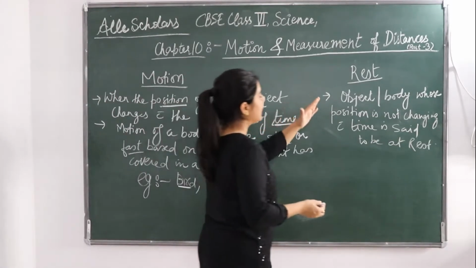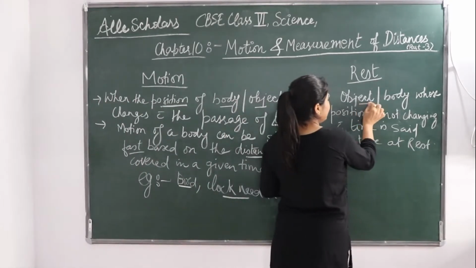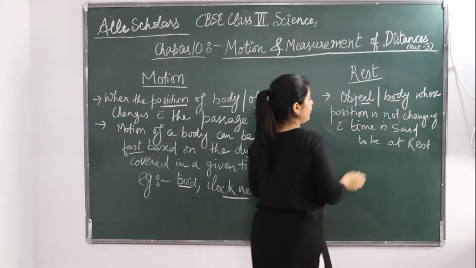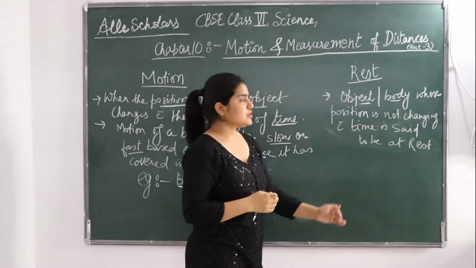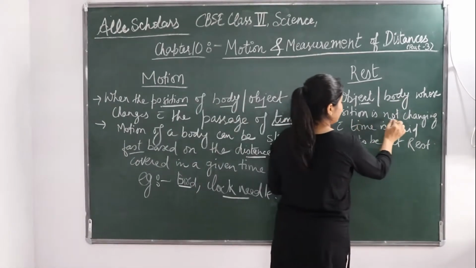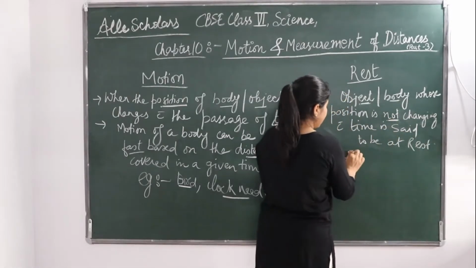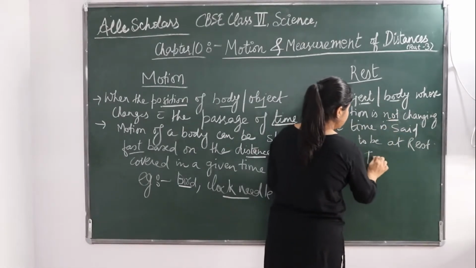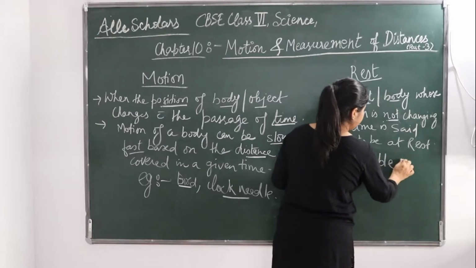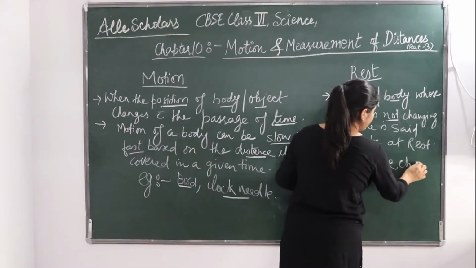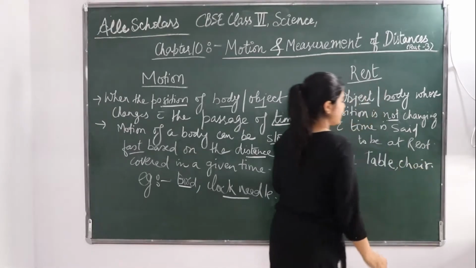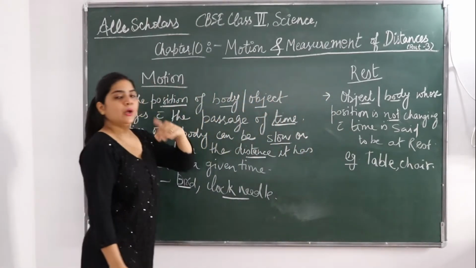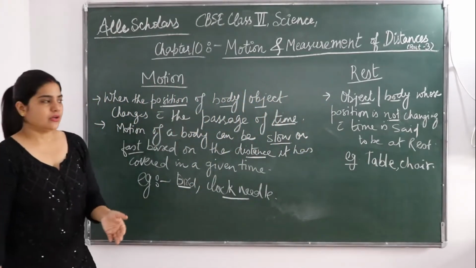Rest, if we talk about rest, object or body whose position is not changing with time, no change in the position. Example, you can say table, chair, anything. Your school bag will not change its position unless and until you change your position, okay.